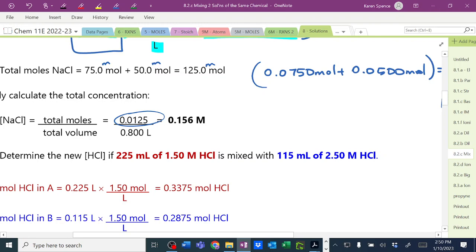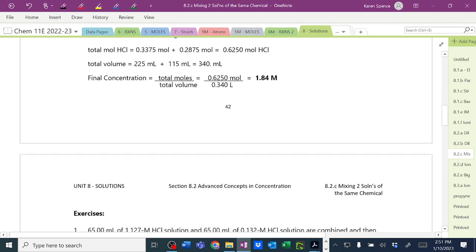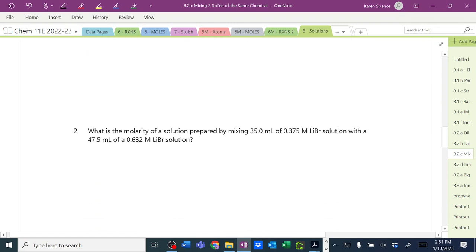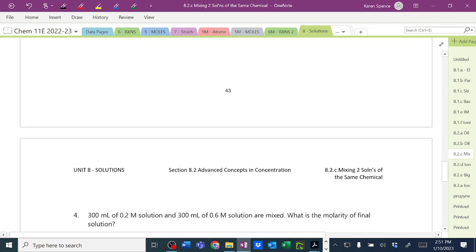That would be just like the regular dilutions, if you're just adding water. Oh, you're given the final. You could do that. It's trickier, but you could. You would have to do some thinking about what you would do there. Okay. So there's some exercises here. You could try these. And then your homework is just to study for your test. Okay?